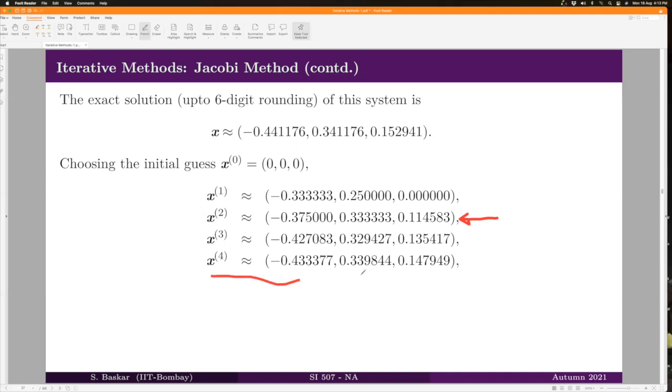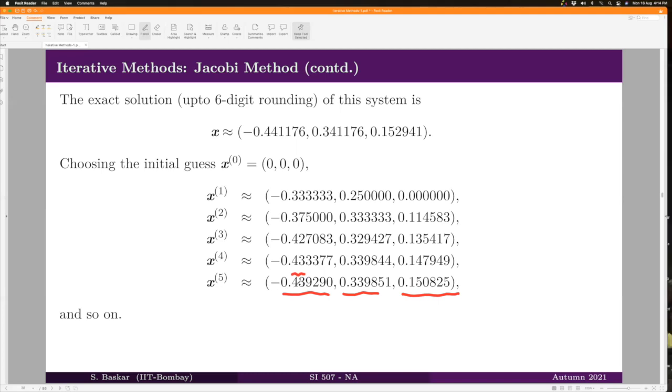Well, it looks very nice. You can see that more or less you are getting closer to the solution. And x5 is given like this. We are very close to the solution, at least up to 2 digits. If you do rounding, you can see 0.44 is coming here.